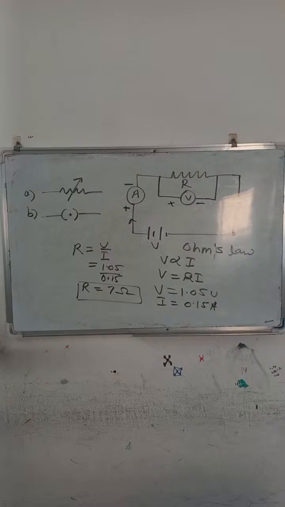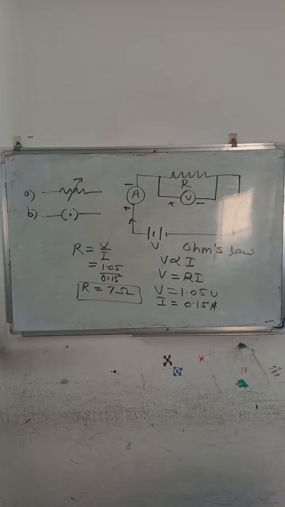Okay, I'll repeat this third bit. Draw a closed circuit diagram consisting of 0.5 meter long nichrome wire XY, an ammeter, a voltmeter, 4 cells of 1.5 volt and a plug key.